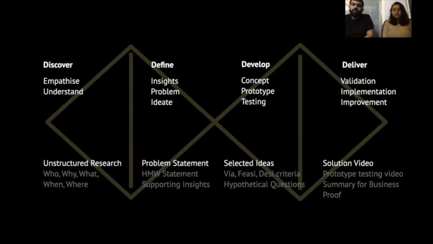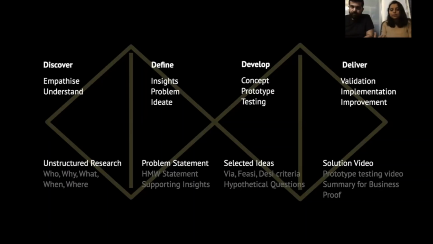What we expect you to design, what we expect you to submit as your POC, is these 4 steps of the double diamond process: discover, define, develop, and deliver. In discover, you're expected to submit unstructured research in the form of a Word document, which covers all the information related to the problem area, or the topic that you have selected.